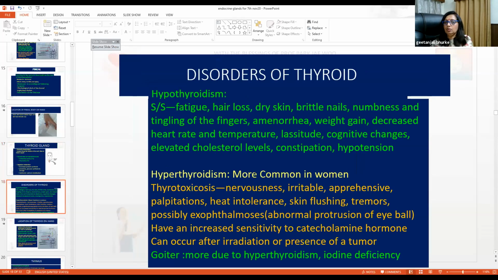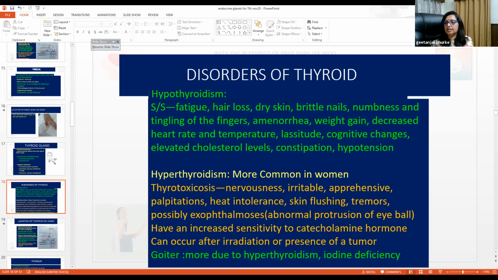Now, when you come to thyroid disorders, you have hypothyroidism, where the T3, T4 secretion is very low, and hyperthyroidism, when this secretion is very high. So in hypothyroidism, what happens? Signs and symptoms are generally fatigue, hair loss, dry skin, brittle nails, numbness.